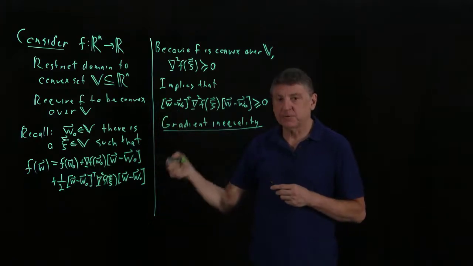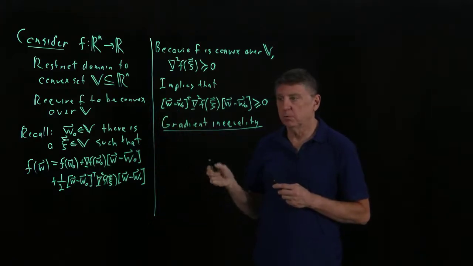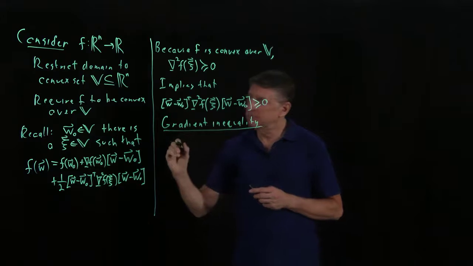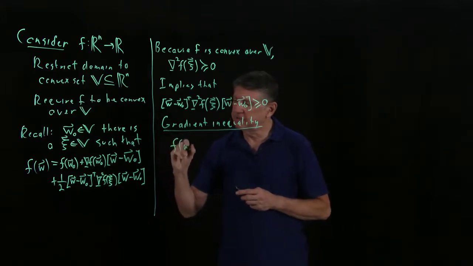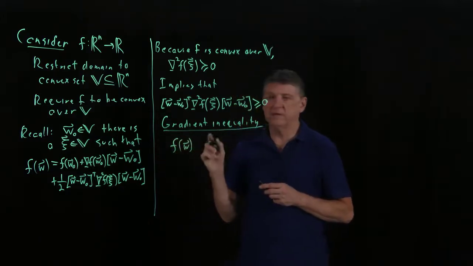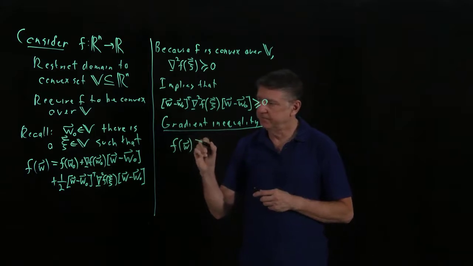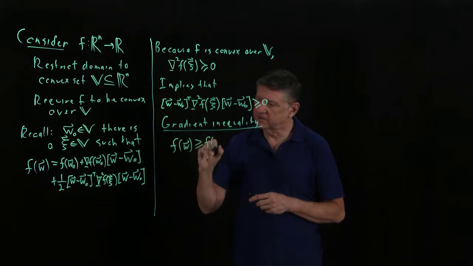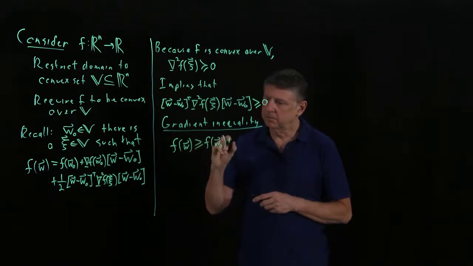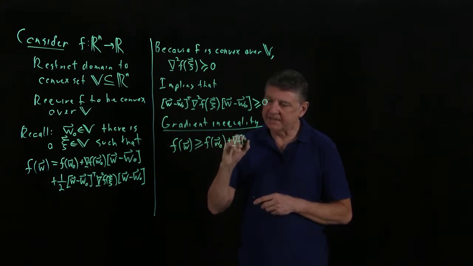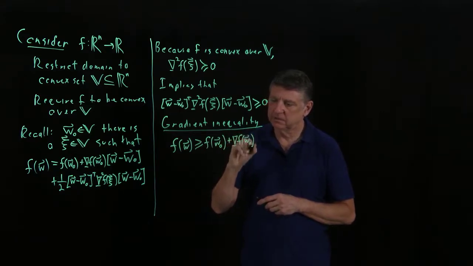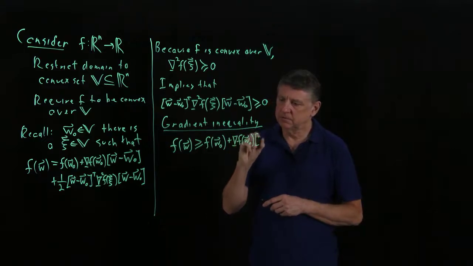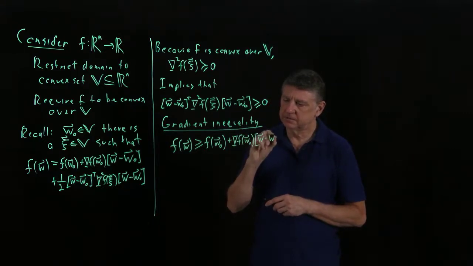Then, after using the Lagrange form, what we get is that the function at any point in V is at least the function evaluated at some point plus the gradient 1 form at that point times the difference.